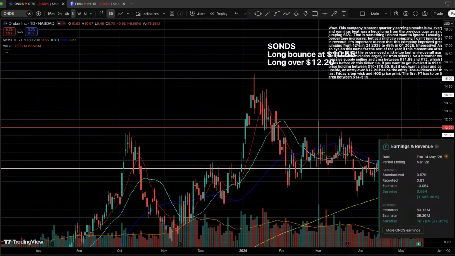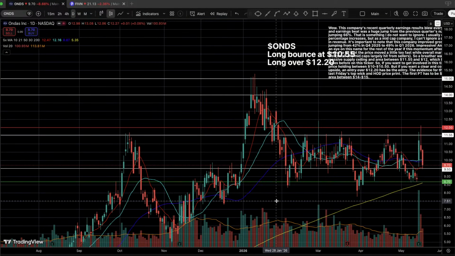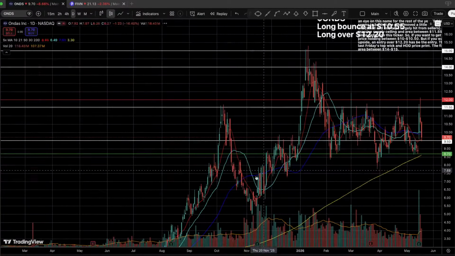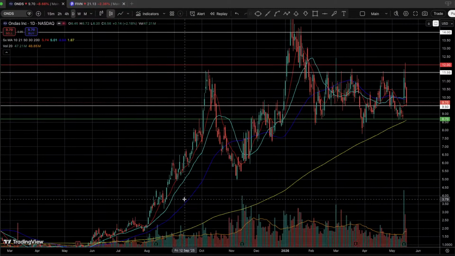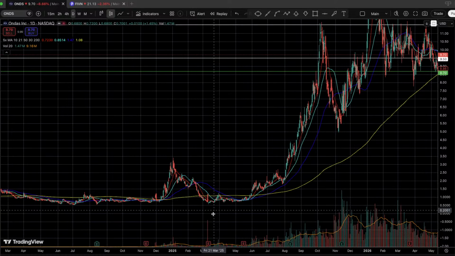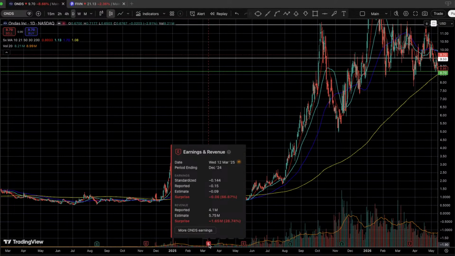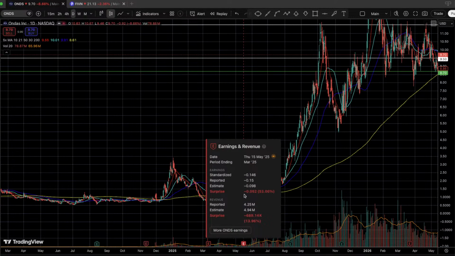Now, do you guys want to see the actual year-over-year change compared to last year? Well, here it is. So here is the first quarter of 2025. Right here, the reported revenue in the first quarter of 2025 was $4.25 million.